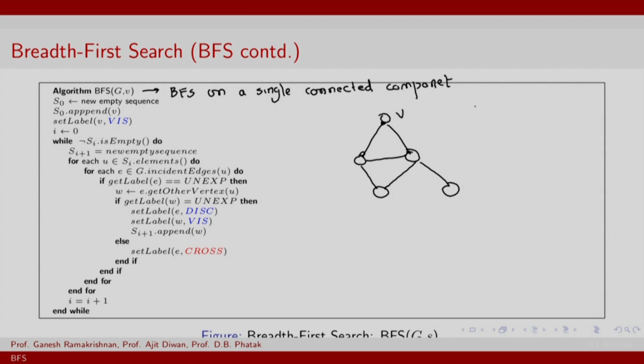Now S0 is going to denote the set of nodes or vertices to expand next.